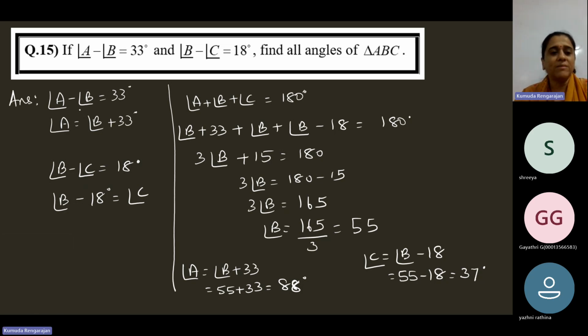Angle A minus angle B is 33, so angle A is angle B plus 33 degrees. We have written A in terms of B. Now the next one, angle B minus angle C is 18 degrees, so angle B minus 18 degrees is angle C. Angle C is equal to angle B minus 18 degrees.